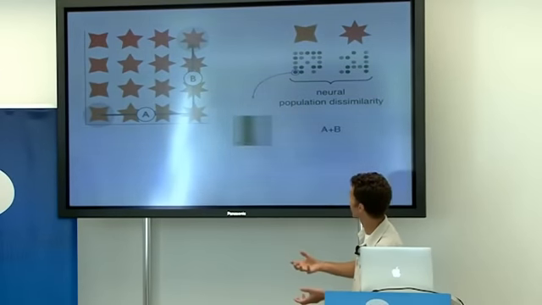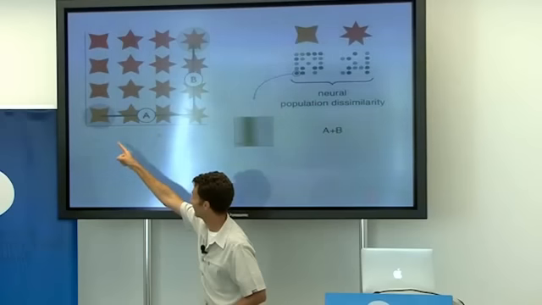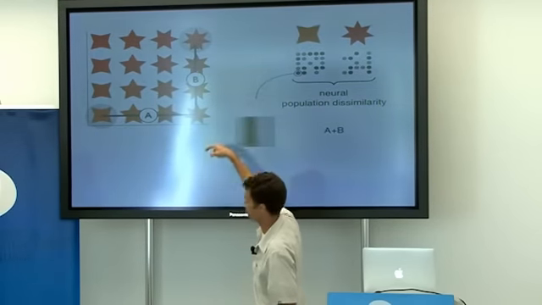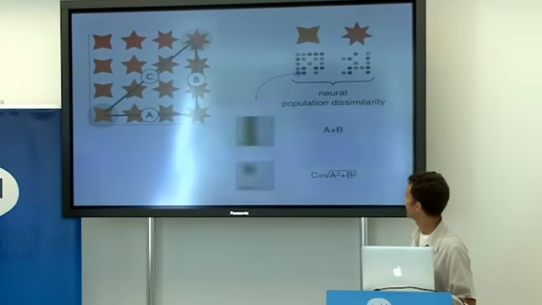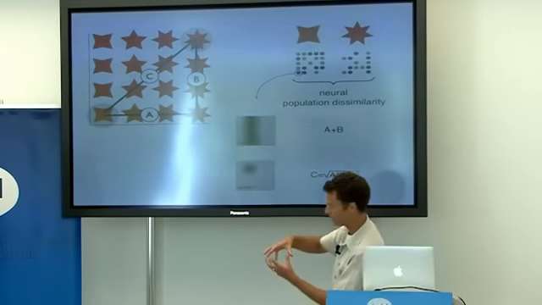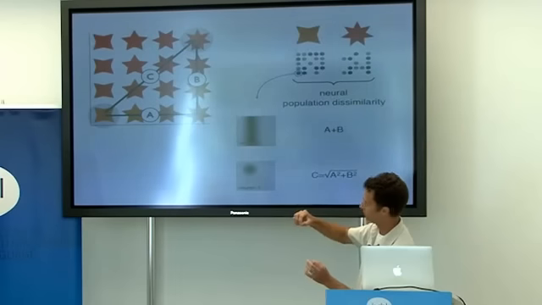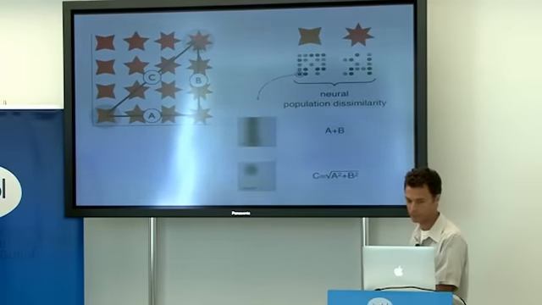That is, it's the sum of the dissimilarity along one axis, that's one population of neurons that are coding for shape, and the dissimilarity along another axis, that's the population of neurons that are coding for color, right? In contrast, if the neurons are conjointly tuned, the population similarity is instead the dissimilarity that's related to a Euclidean metric, how far apart they are as the crow flies.